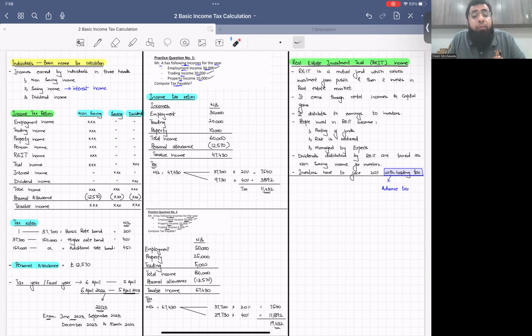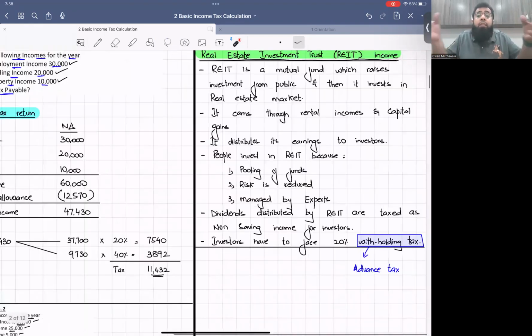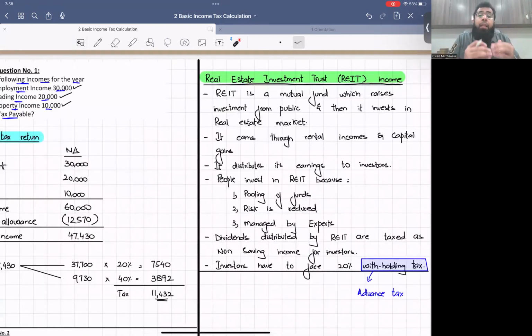It is a mutual fund which raises investment from the public and then invests those funds in real estate, the property market. It earns from rental incomes and capital gains. When a REIT earns and distributes the dividend among its investors, it is treated as a non-saving income and withholding tax, the advanced tax, is 20%.